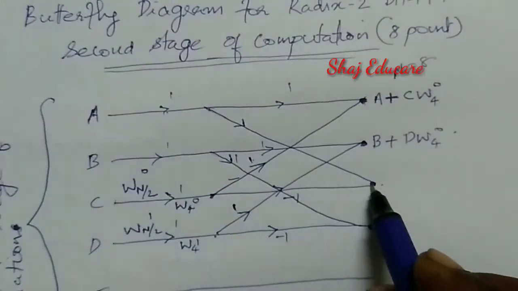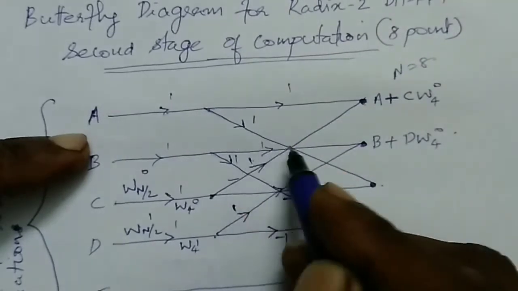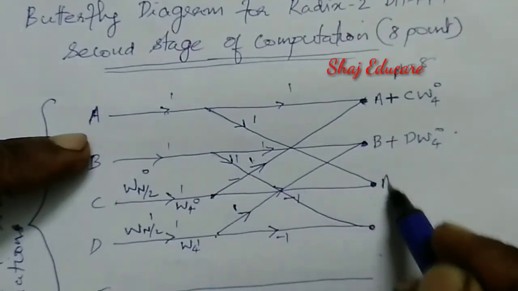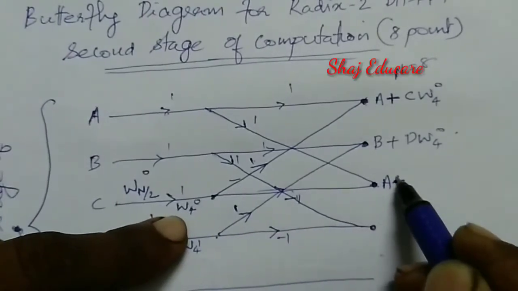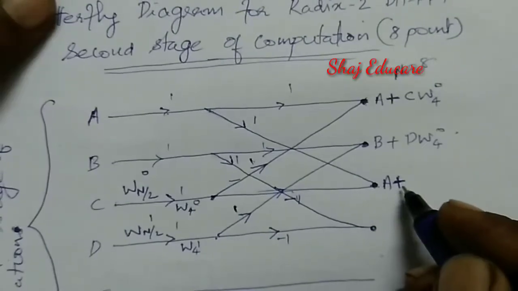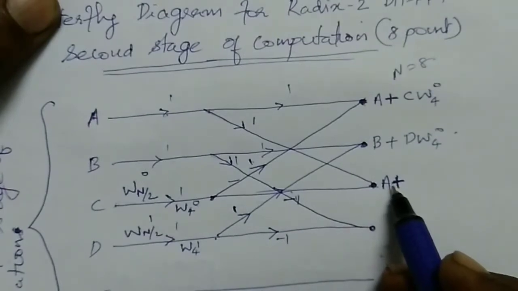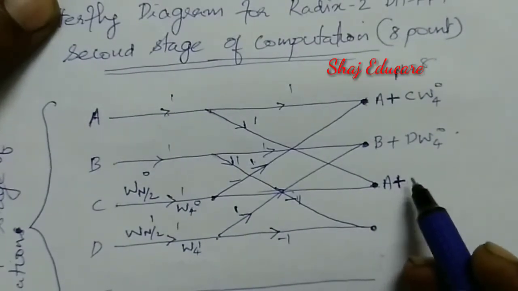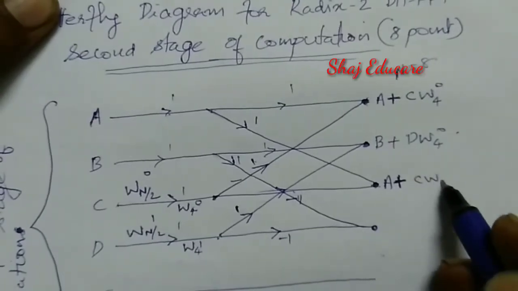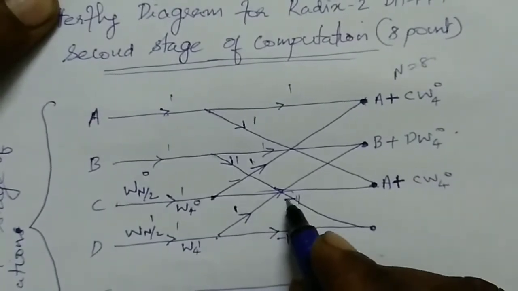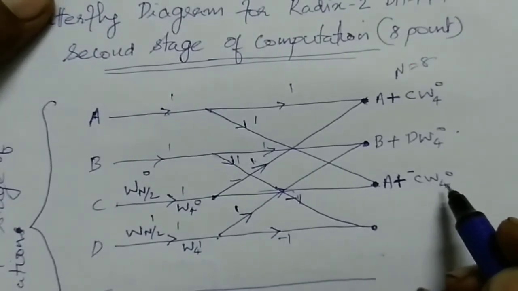Here we have a signal coming from A into 1, again multiplied with 1, becomes A here. If this is a summing point, here it will act like a subtract point. I will demonstrate that. Here one connection is from A, which is going to be added with C into W_4 raised to 0 into minus 1, so this becomes minus C into W_4 raised to 0.